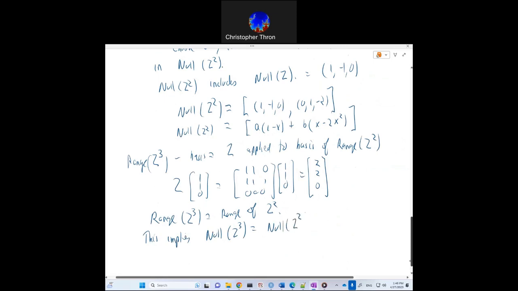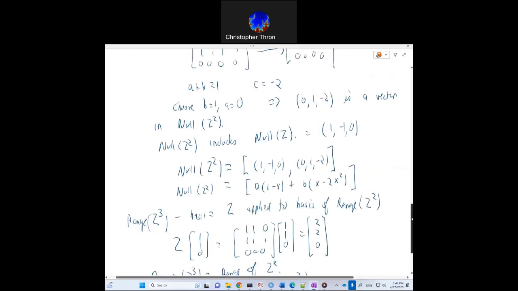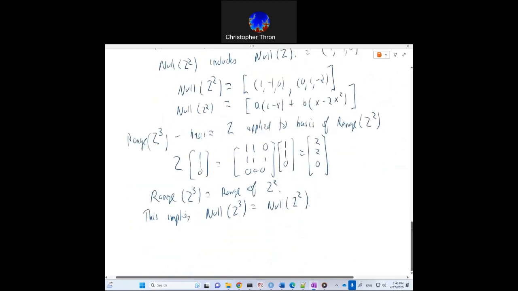We can also find that directly. So our null space of z squared was this here, (1, -1, 0) and (0, 1, -2).